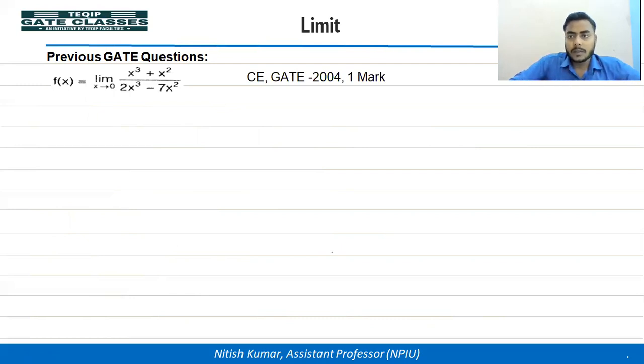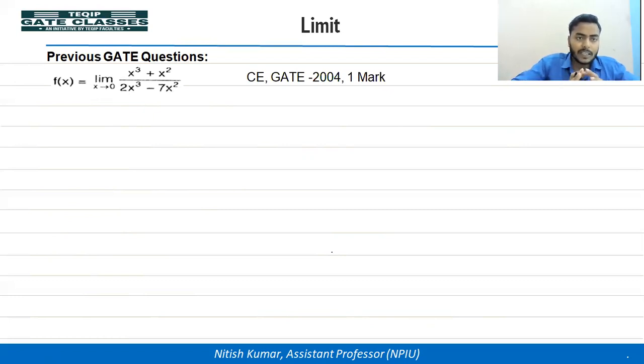Let's solve some previous year GATE questions. Those who are having some problem with applying the L'Hopital rule, I would say just go through the differentiation formulas and remind yourself how to differentiate. Just remember the formulas and you can solve the limit.